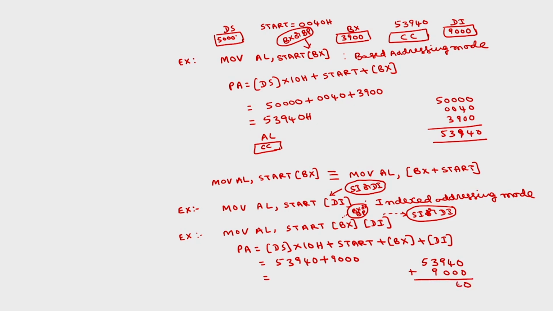This will be 5C940, since 3 plus 9 is 12, and in hexadecimal 12 is represented by C. Suppose before the execution of this instruction the contents of 5C940 are AA. After the execution of this instruction, the contents of AL become the contents of this memory location, which is AA. This is about based index addressing mode. This stands for based index addressing mode.